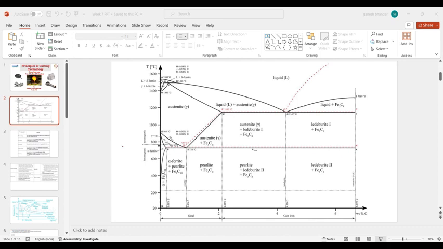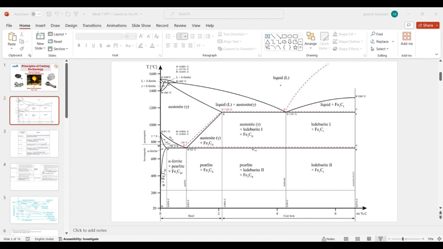This one is eutectic point, sorry, eutectoid points. Then this one is your peritectic point, and this one is your eutectic point. So when we are going with eutectic steel, we talk about this line.